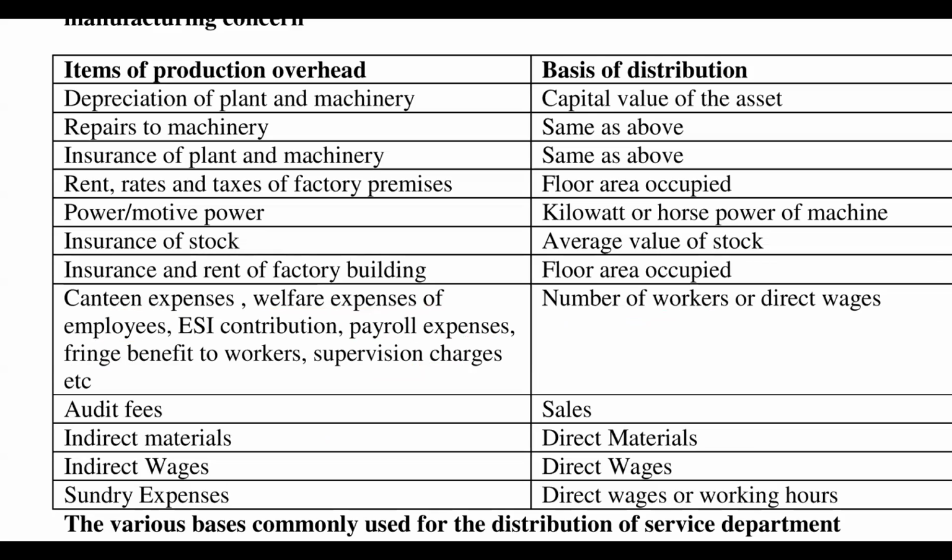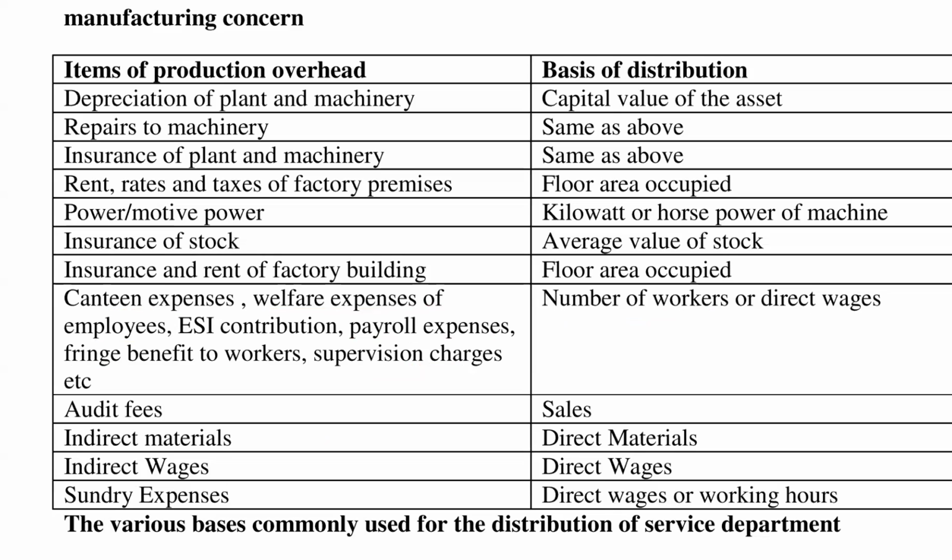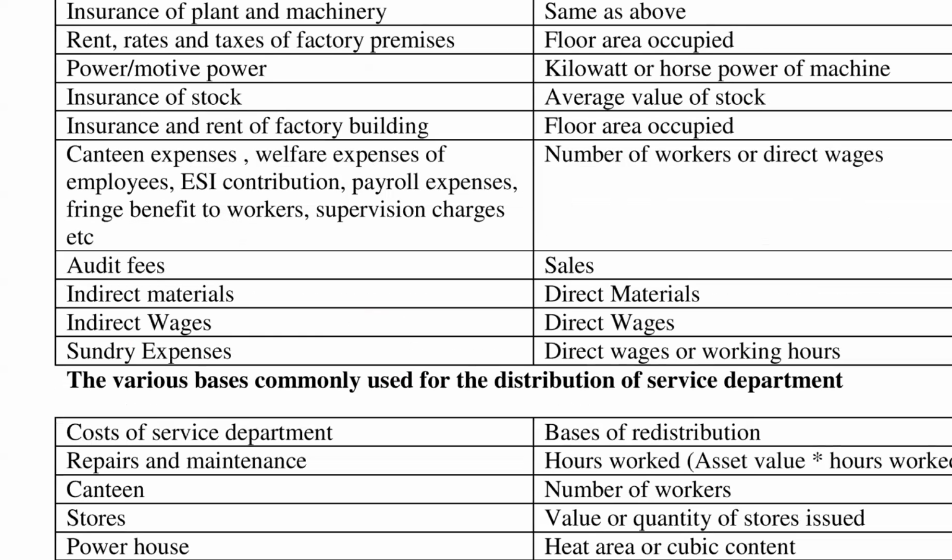This conversation will help you even as you go through the assignment on the basis of apportionment. And again, what if you are having the audit fees? Those are overheads. For those you can use the sales as the basis of apportionment.